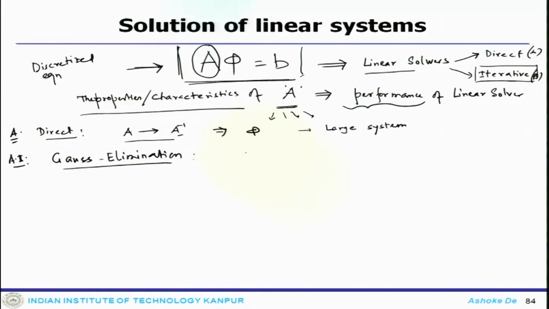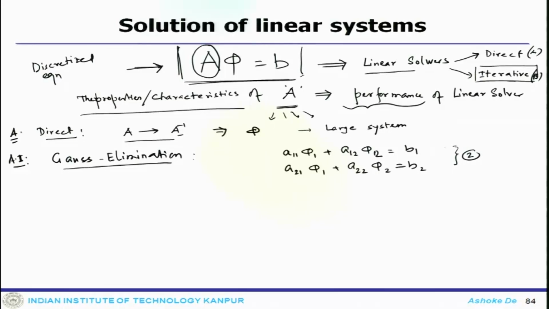So, let us start with a simple example of a linear system. Let us say A11 phi 1 plus A12 phi 2 equals B1, A21 phi 1 plus A22 phi 2 equals B2. So, essentially you have two equations and two unknowns, phi 1 and phi 2.